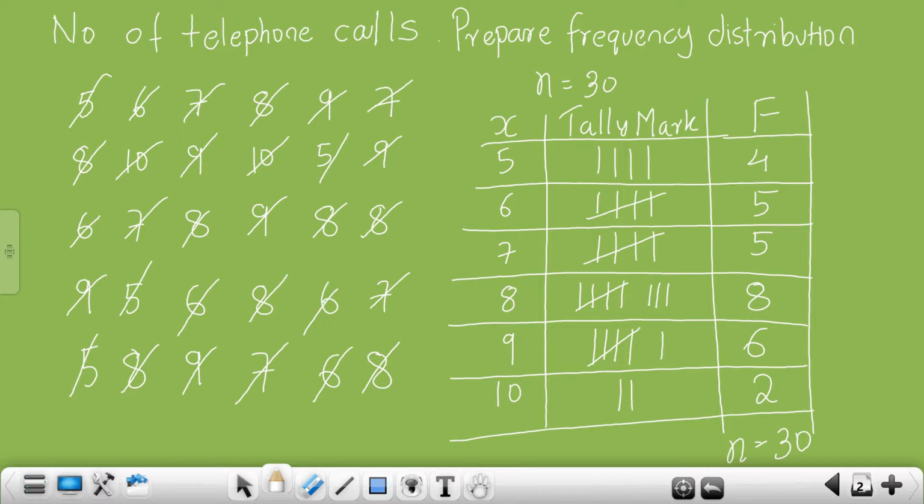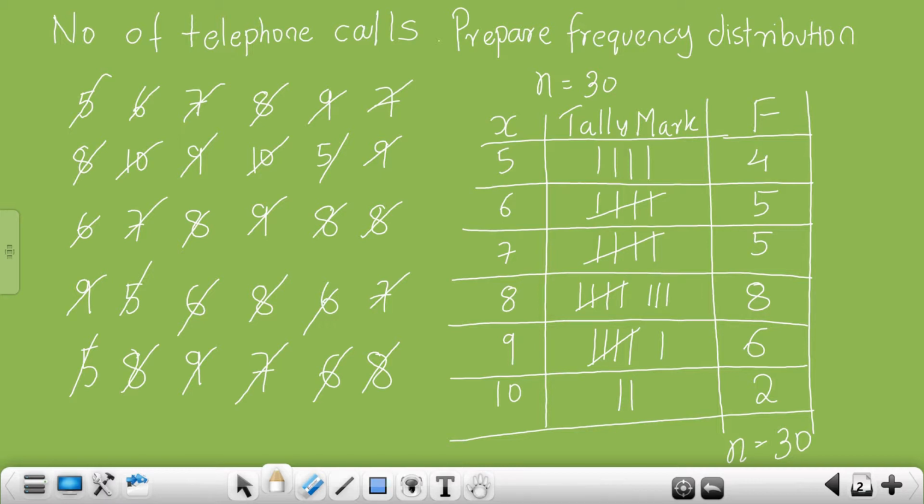So far we have understood how to prepare your frequency distribution from a raw data set that has been given to us. In the coming sums, we are going to prepare the frequency distribution for continuous series data.